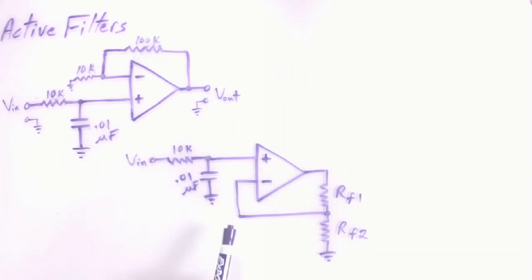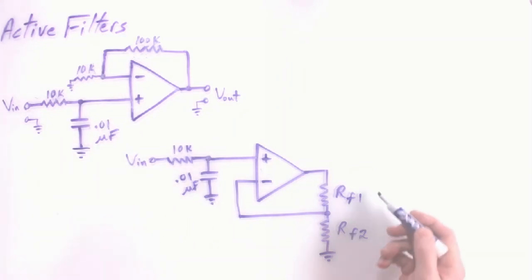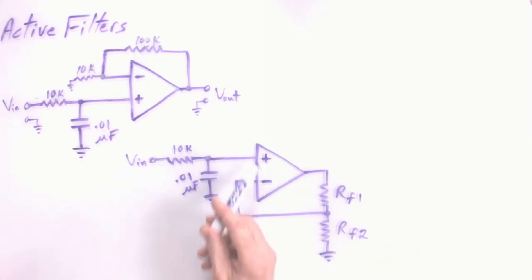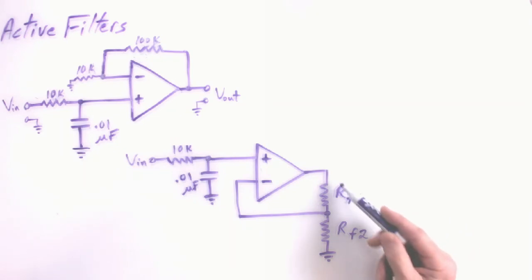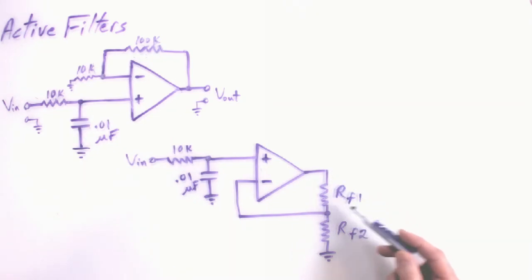So here it is. This is the way active filters are oftentimes drawn. Take a minute to look at the two circuits. They are the same circuit. I didn't put values in here. I wanted to show one more thing. They flipped the positioning of the inputs, and so on. And they're calling the feedback resistor RF1.